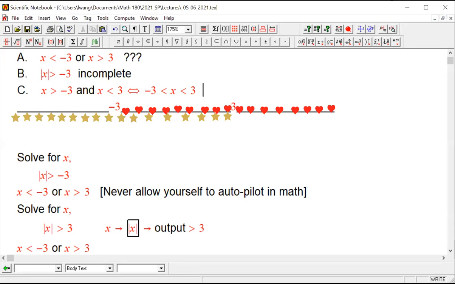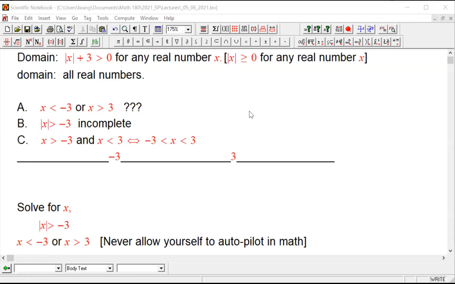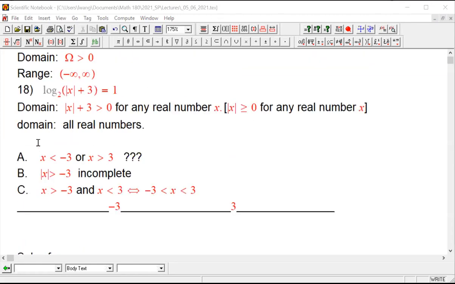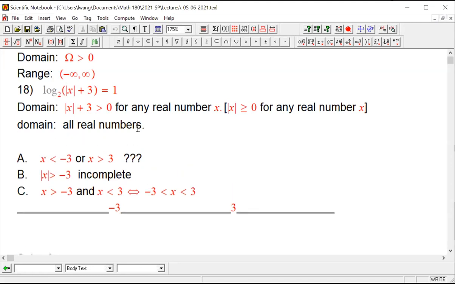Now we're not done yet, right? So let's come back. If the domain is all real numbers, I hope you write this down.